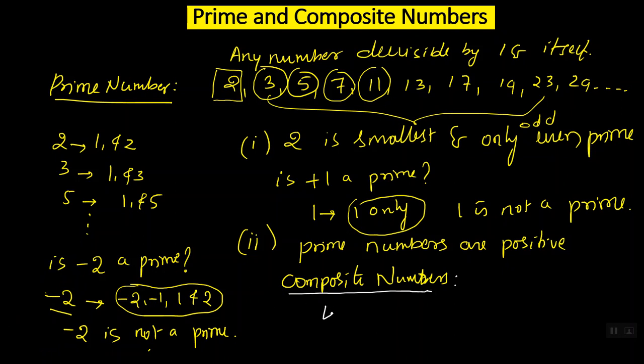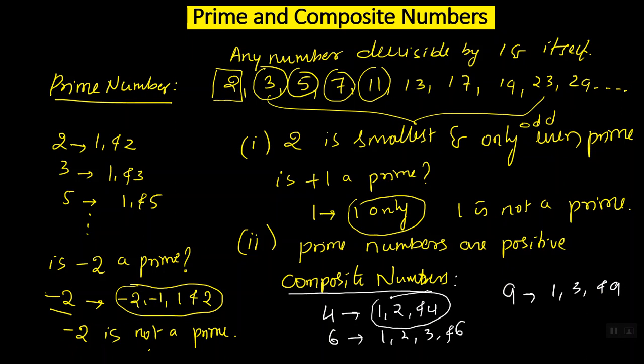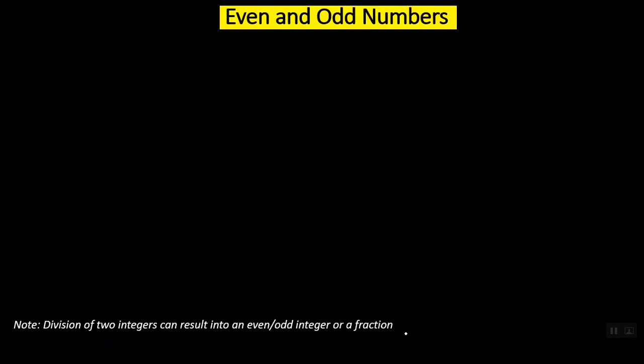Example, I can say 4. 4 is divisible by 1, 2 and 4. 6 is divisible by 1, 2, 3 and 6. Right? 9 is divisible by 1, 3 and 9. Look here, all these numbers have more than two factors. So all these numbers are said to be composite numbers.